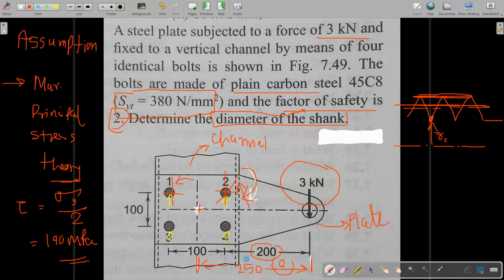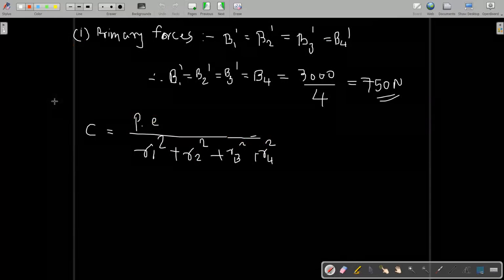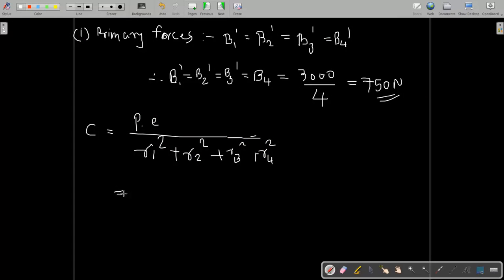Okay, so you have to be very careful here. So just to put the value, that is 3000 Newton, eccentricity is 250 mm. Why am I taking units in mm here? Because our shear stress is given in Newton per mm square. So for the sake of simplicity, I am taking radius in mm.